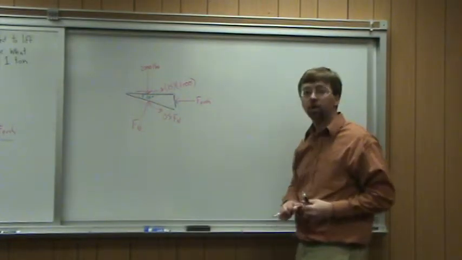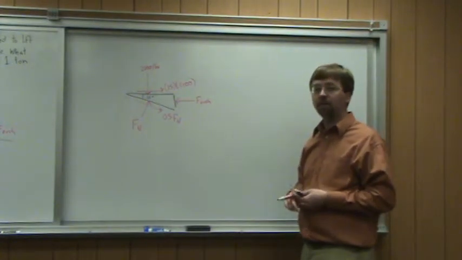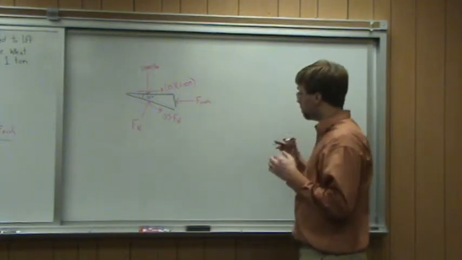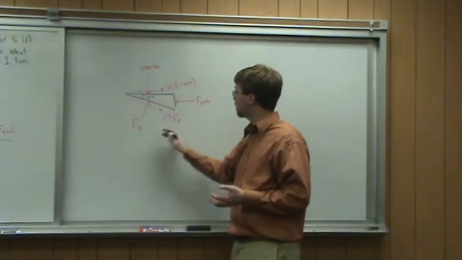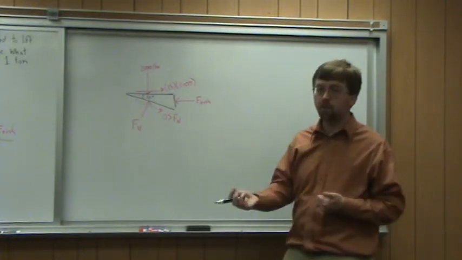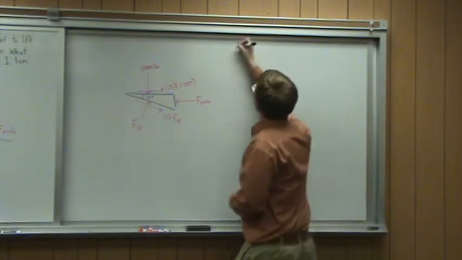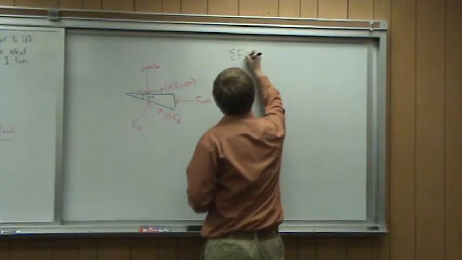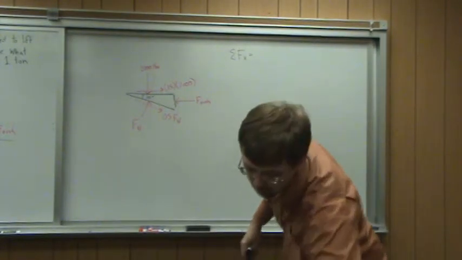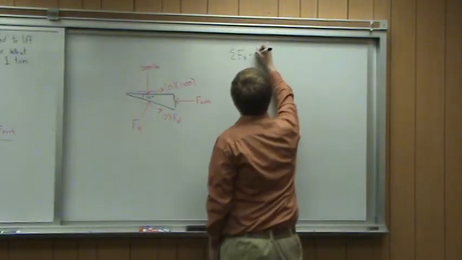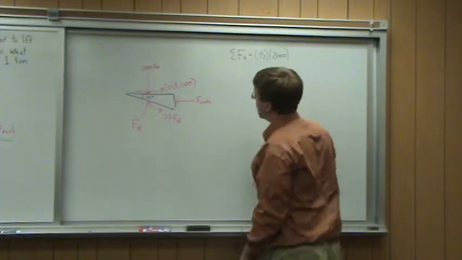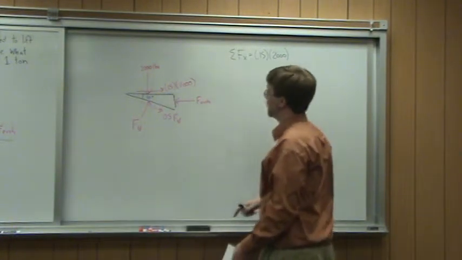So after I draw the ramp, I'm going to assume this body is in equilibrium. So I draw out my equilibrium equations. And I've only got 2 unknowns. I don't know the pushing force and I don't know this bottom Fn force. So I should be able to solve for both of those using sum of forces in the x, sum of forces in the y. So sum of forces in the x, I'm going to get 0.15 times 2,000. I've got a component of either of these.